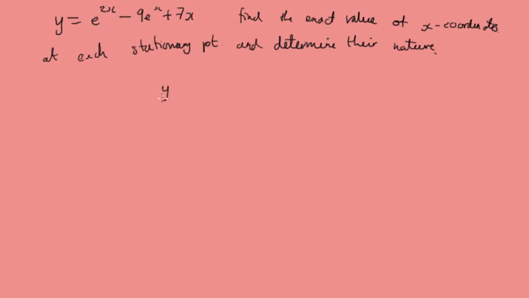So firstly we're going to be differentiating our equation for our curve. So dy by dx is going to be 2e to the 2x minus 9e to the x plus 7. And because we want to determine the nature of the stationary points, we're going to find the second derivative as well.